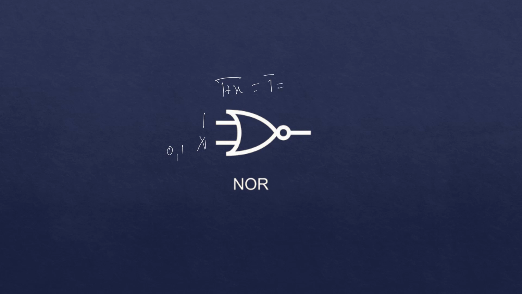Then whole bar, that's equal to 0. So the output will be 0. Whenever any one input of the NOR gate is 1, the output is compulsorily 0. That thing you must remember.